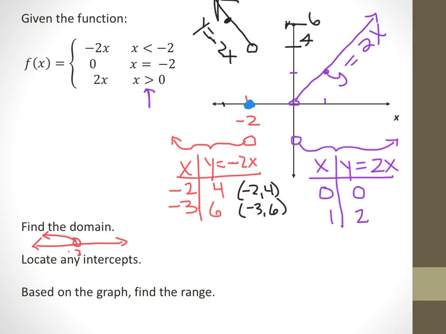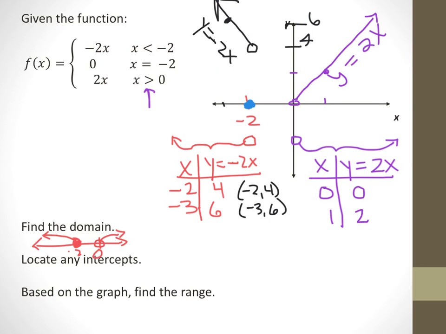Then the middle line is telling us, oh, include negative 2, so we're going to include that x value, fill in the circle. And then the last line is saying x is greater than 0, so everyone in this direction. Reading a number line, we're going to take from negative infinity to negative 2, and from 0 on. This is a solid circle. This is an open circle because it doesn't include 0.